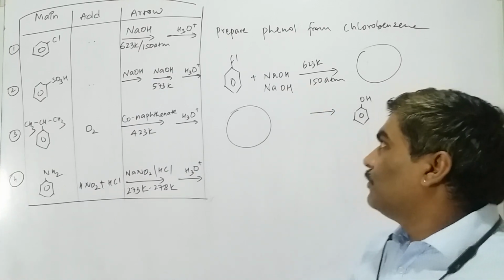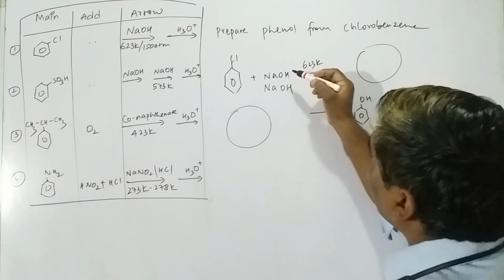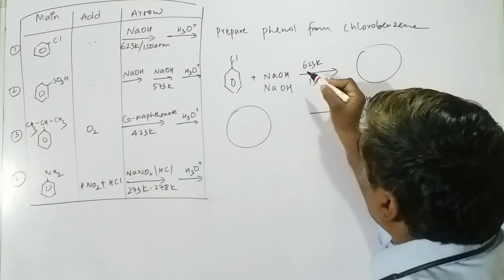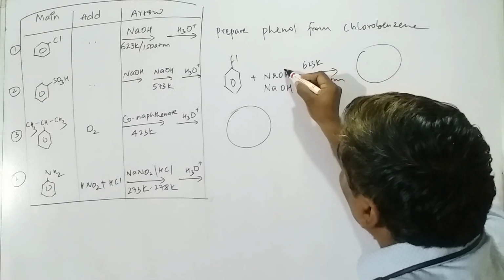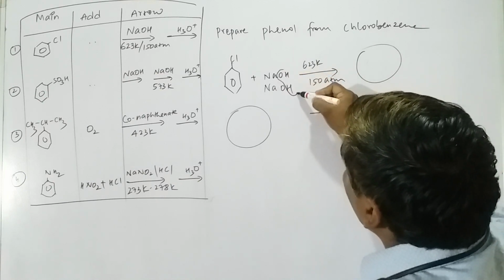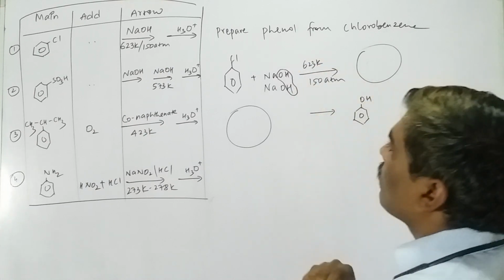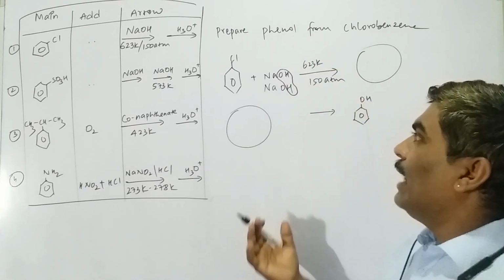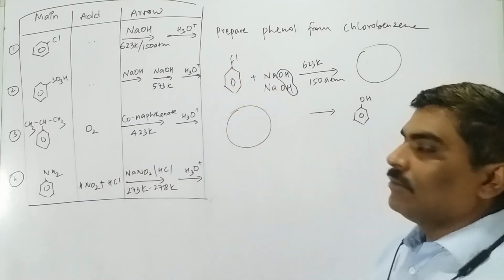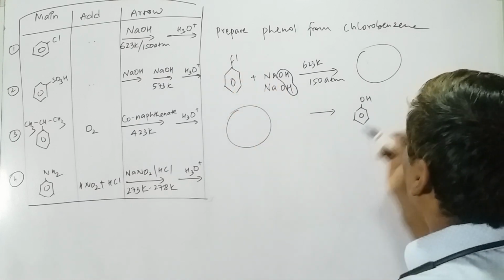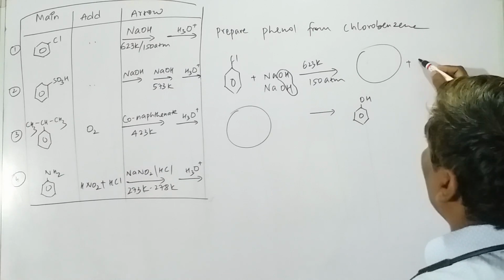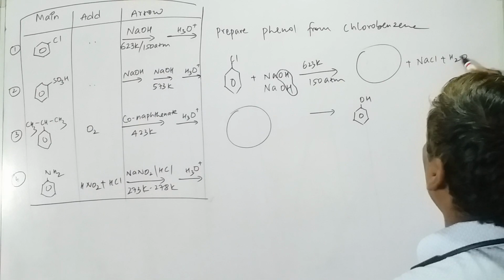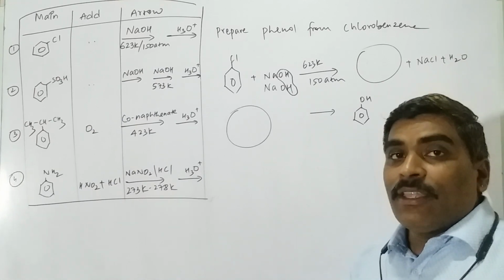Now what happens? Here, if you see this, a water molecule is given out. I'll show you that water molecule. Yes, the water molecule comes out, and this NaCl. After removal of NaCl and water, what is remaining?